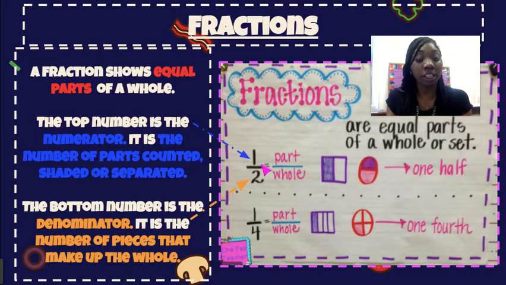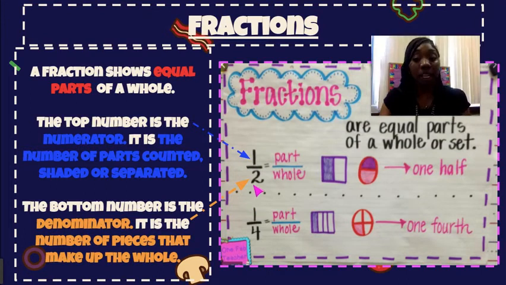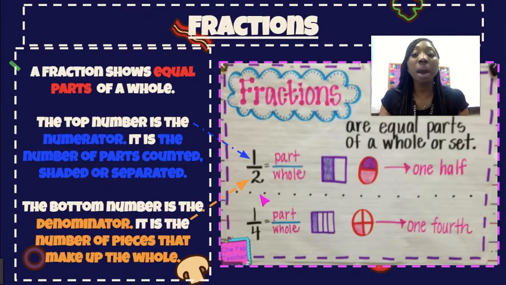Can you say numerator? Excellent, numerator. And the numerator is the number of the part that is counted or shaded. And normally the numerator goes at the top of our fraction. And then we also have this bottom number, which is the denominator. Can you say denominator? Great, denominator. And the denominator is usually the number of pieces that make the whole.